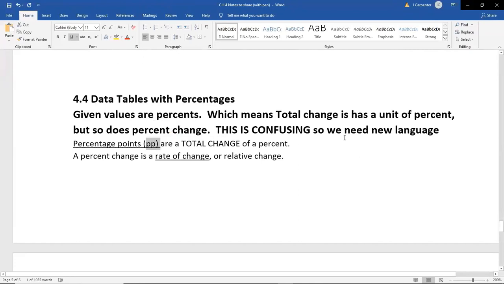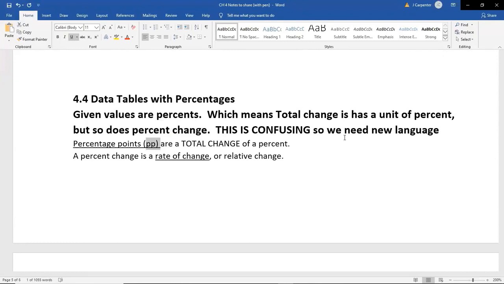You don't want to have total change being listed as a percent and percent change being listed as a percent. Total change in the past has always been just the number of apples or the number of dollars or the number of people. But now, because we're going to be saying, all right, the thing that happened first was 2% and the thing that happened later is 4%, since those are percentages, the total change is a difference of percents, which is a percent. You can't have one answer be a percent and the other answer be a percent because it's going to be extremely confusing.